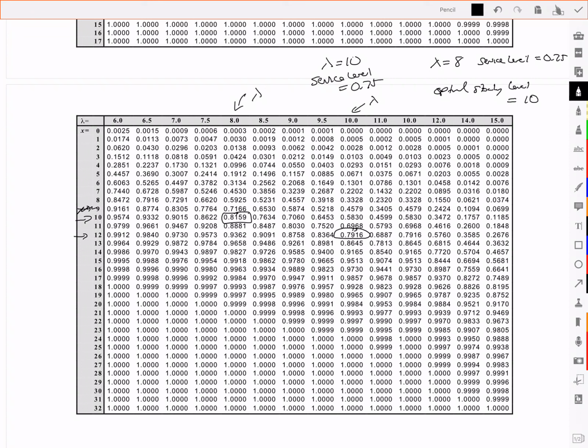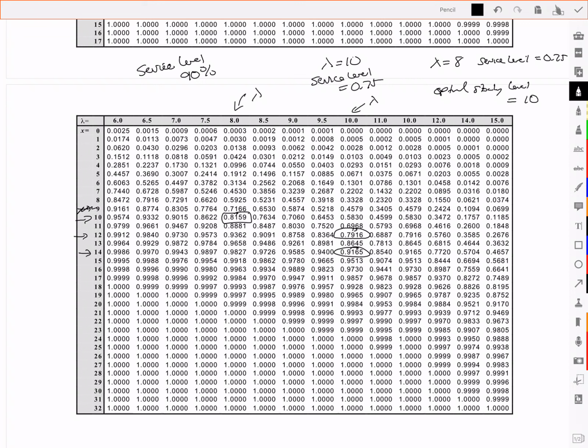Well, what if we change that service level? What if the service level wasn't 75%? What if the service level was 90%? Well, if lambda is 10, so our average demand is 10, we would go down that same column and we would look for a number greater than 90%.